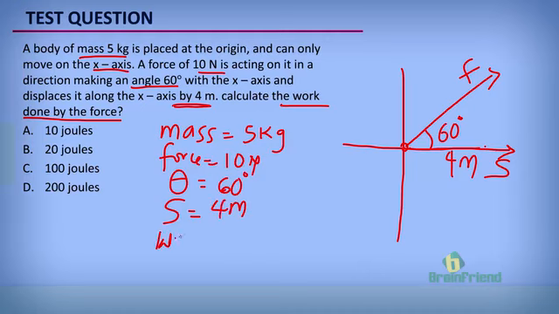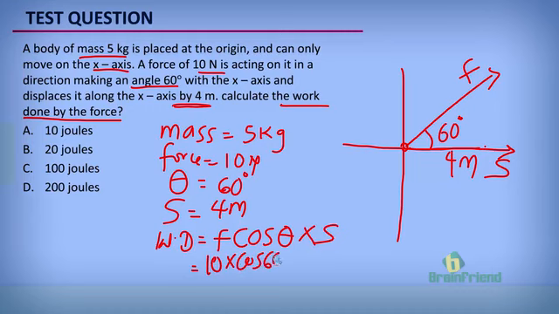So work done is equal to force, which is F, cos theta times S. So your force is 10 times cos 60 times 4. 10 times your cos 60, which is 0.5, times 4. 10 times 0.5 is 5. 5 times 4 is 20 joules. So your answer is B. I hope you got that right.